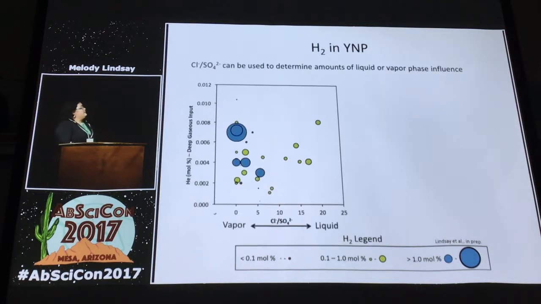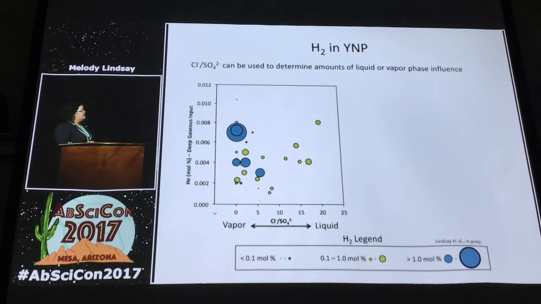And so I want to further back that up by looking at those chloride to sulfate ratios I detailed before, which again can be used to determine the amounts of liquid or vapor phase influence. If we plot those gas proxies I was going through on the last slide, so on this y-axis helium as the proxy for deep gaseous input, against the chloride to sulfate ratios, springs with more vapor phase influence will plot towards this side of the plot.